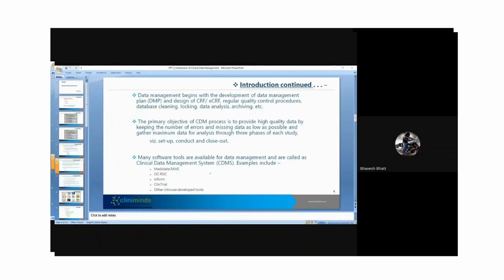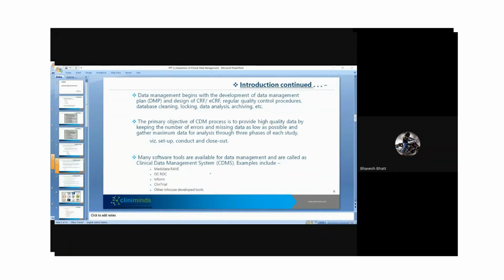So, as we have mentioned, only a few steps, let's say data management plan preparation, then design of CRFs, then quality control procedures, database cleaning, locking, analysis, archiving, etc. You would then be possibly able to relate the entire process right from setup to the closeout.